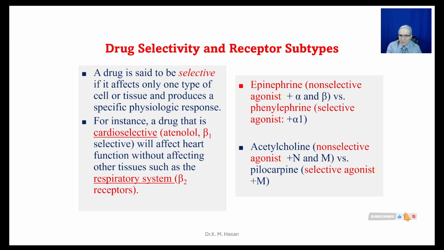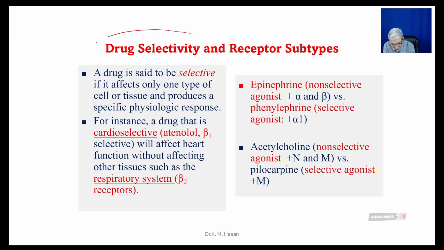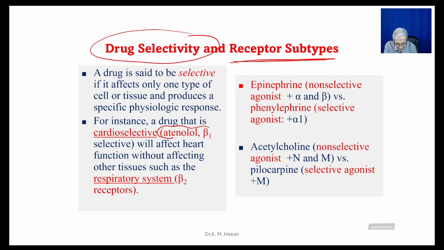Okay, another concept here: we talk about drug selectivity, according to the receptor subtype. For example, atenolol blocks the beta 1 receptor, which is mainly available in the heart and cardiovascular system.